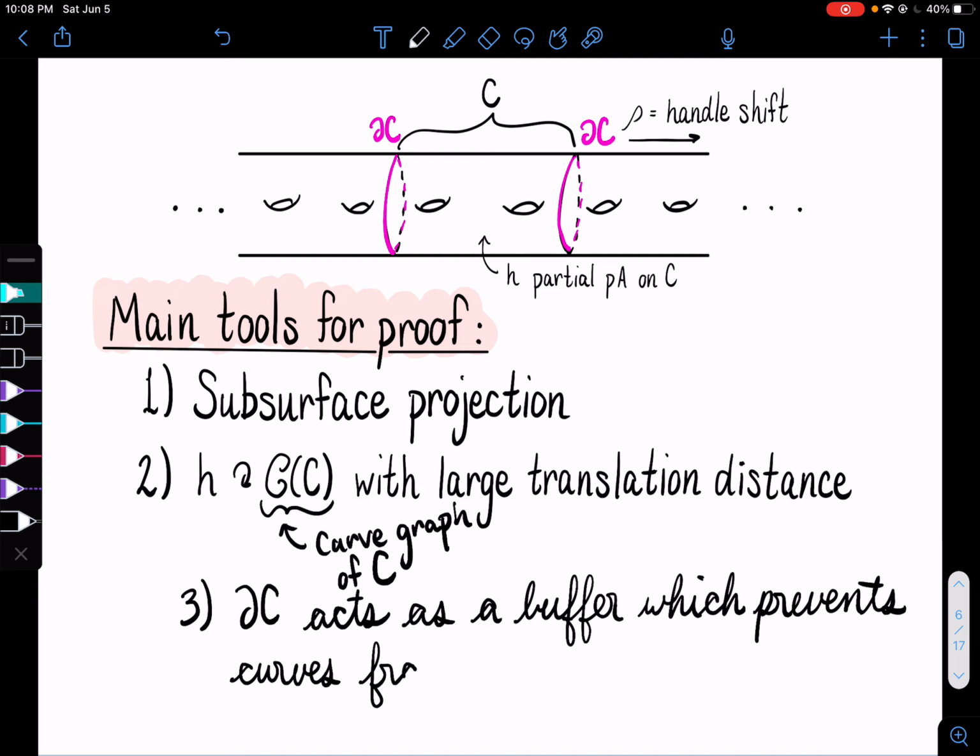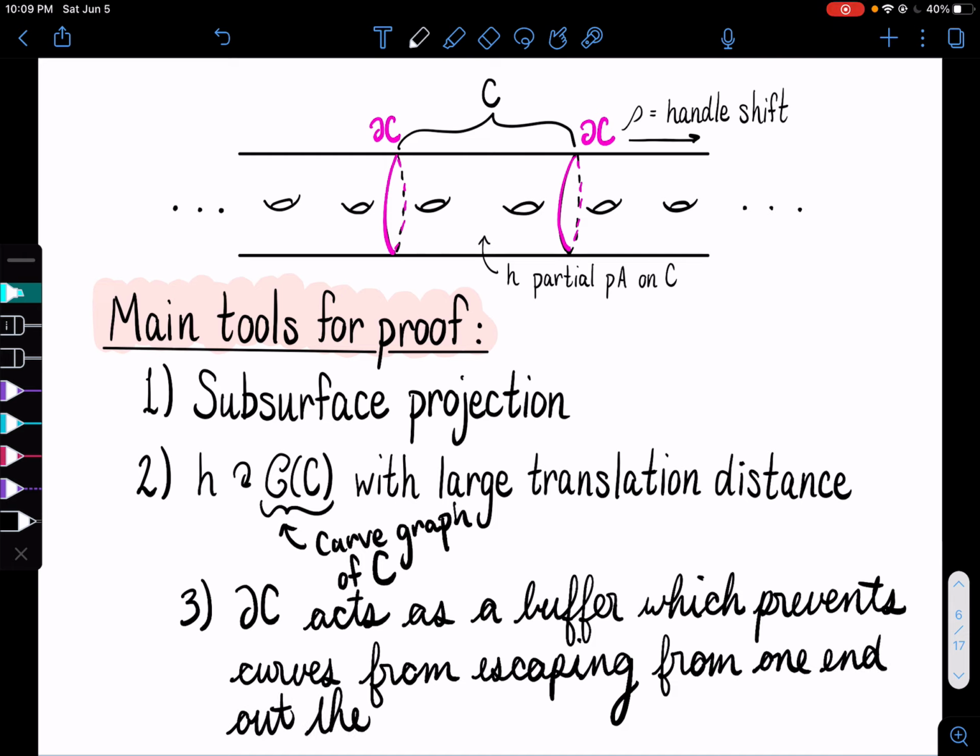I'll just write it. This is very informal, of course, but gives a little bit of the idea of what we're doing. We really just show that these boundary components are filling up that subsurface.